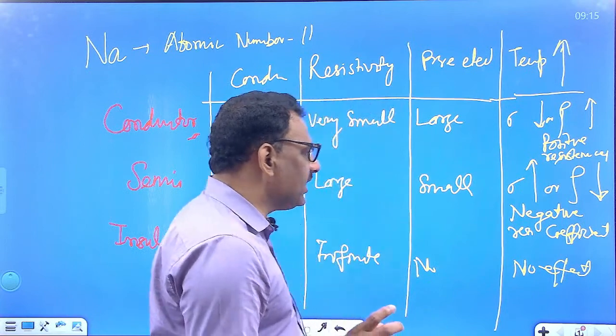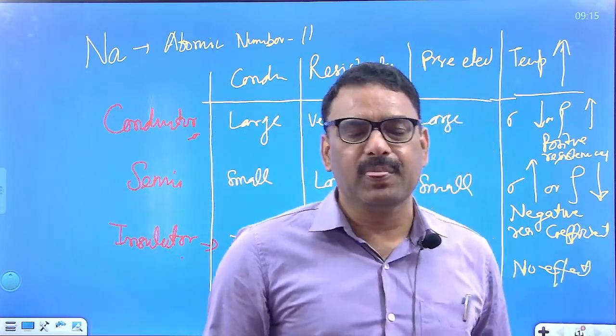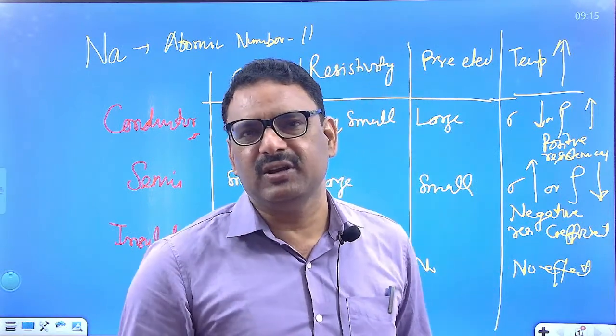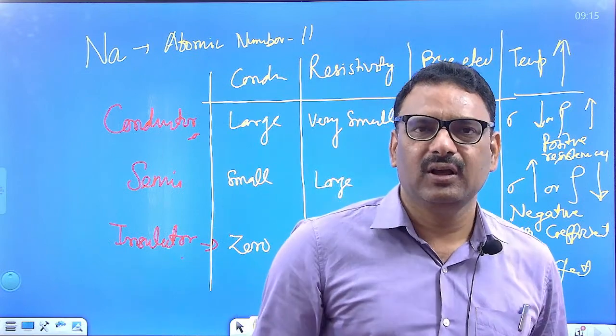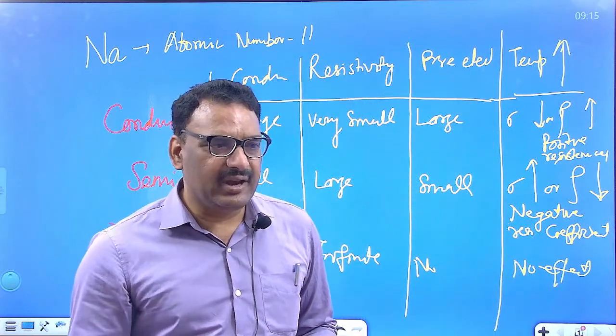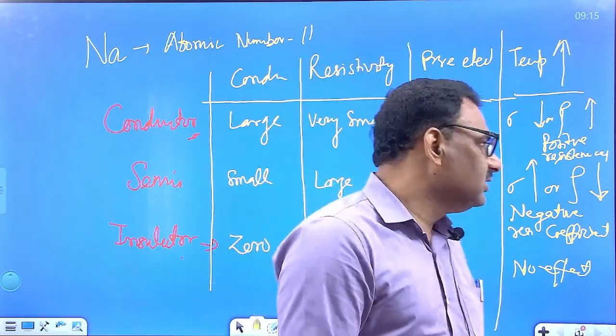consider the atomic configuration of, for example, sodium: in the outermost orbit we have one electron. If you increase the temperature, it is more possible for electrons to gain energy from the outside supply with the temperature.